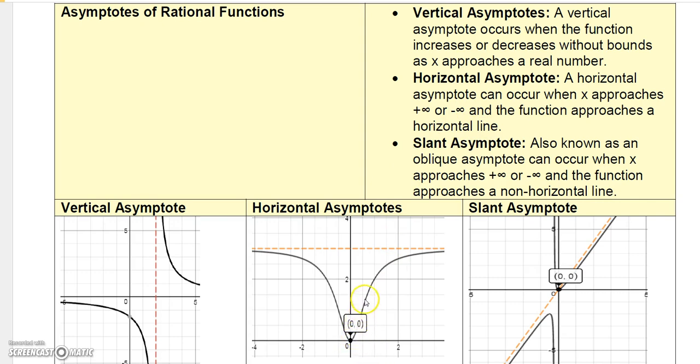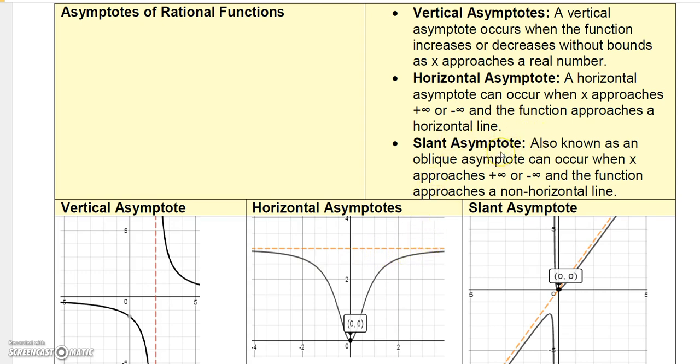Notice that as x increases, in other words, as x approaches infinity, the graph seems to level out near this horizontal line, which we'll call y equals 3. And as x approaches negative infinity, the graph also levels out at this same horizontal line, y equals 3. So that's what a horizontal asymptote looks like.